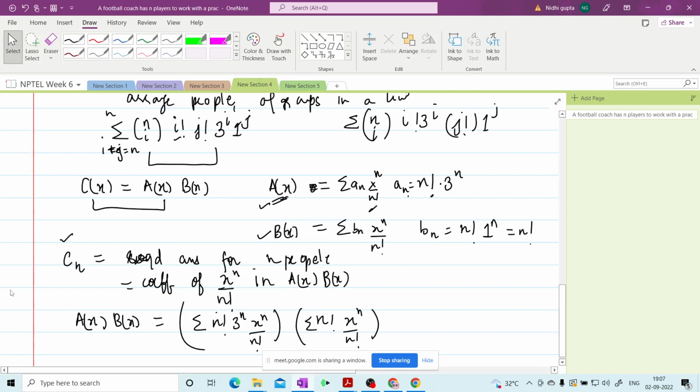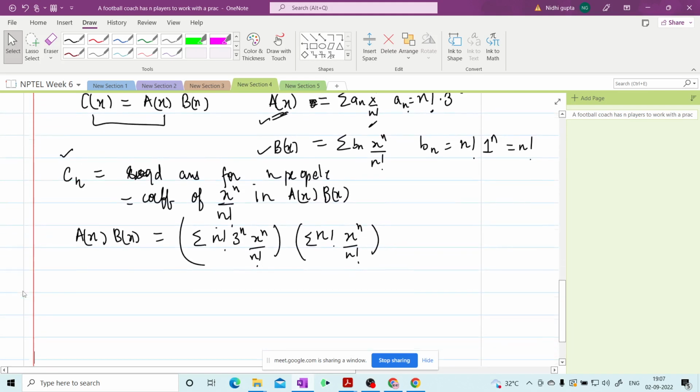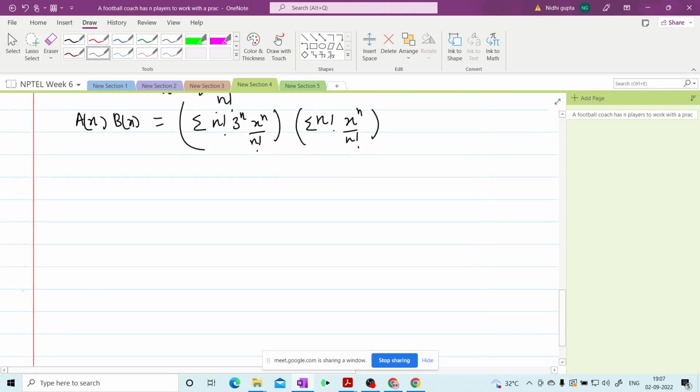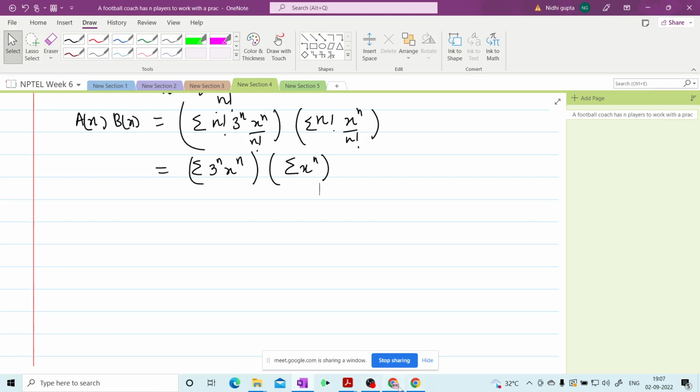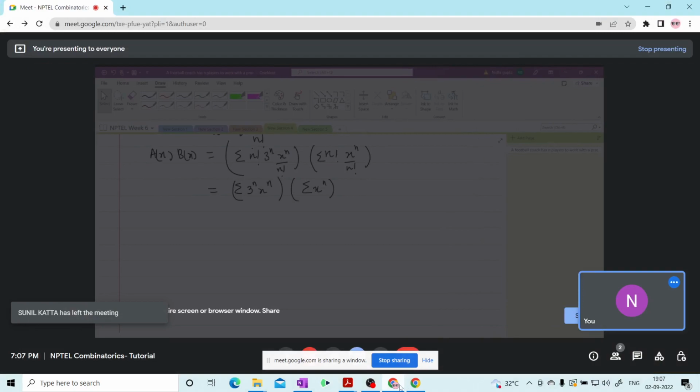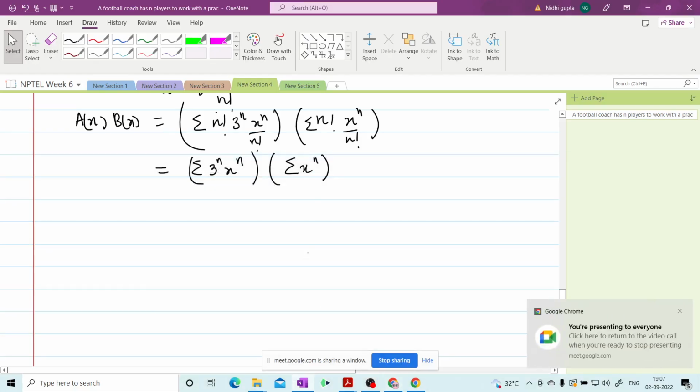Now if we further solve it, we see that this is the sum of 3 raised to the power n x to the n, and the sum of x to the n, for n greater than or equal to 0.